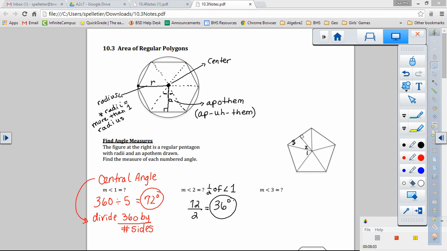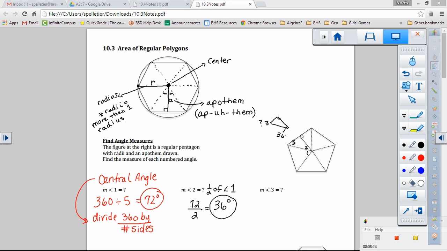Okay? Angle number 3, if you look real careful, is part of this triangle. We just found angle number 2 to be 36 degrees. And we know that this is a 90-degree angle because it's bordering a 90-degree angle. Now I'm looking for angle number 3.